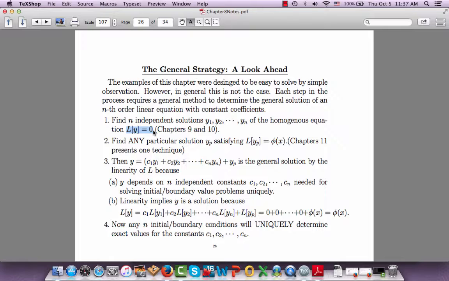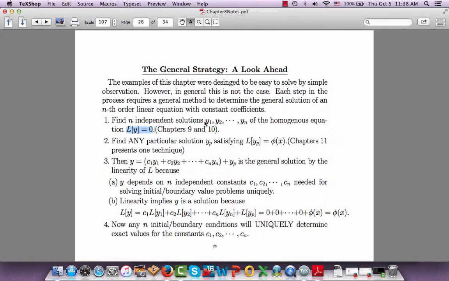In that case, we actually had an initial value problem, and we could go ahead and solve it there without doing anything else because we didn't care to solve a more complicated equation where the right-hand side isn't 0. But in general, we will have this right-hand side, or this function phi of x. So the first thing we need to do is just ignore that function and solve the easier problem.